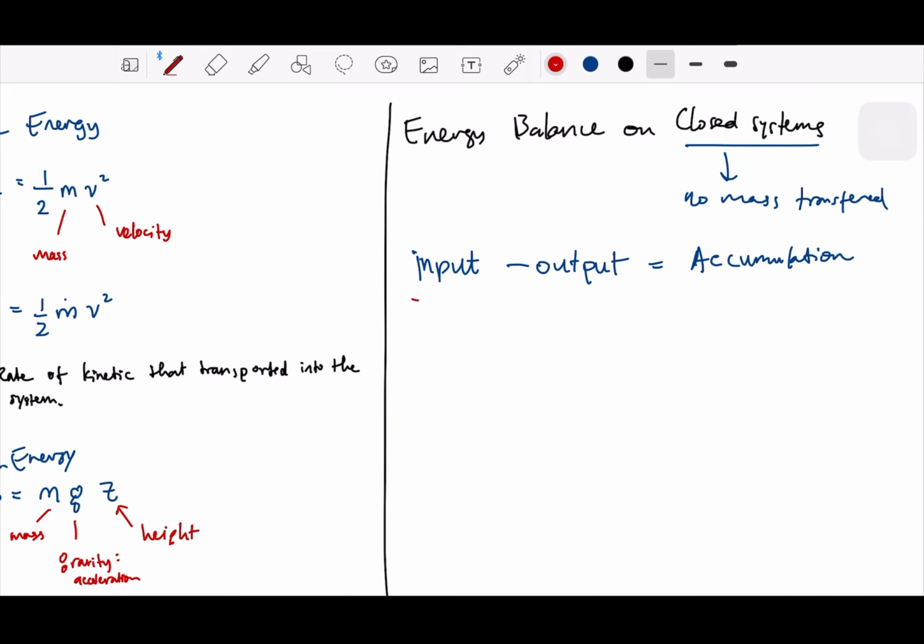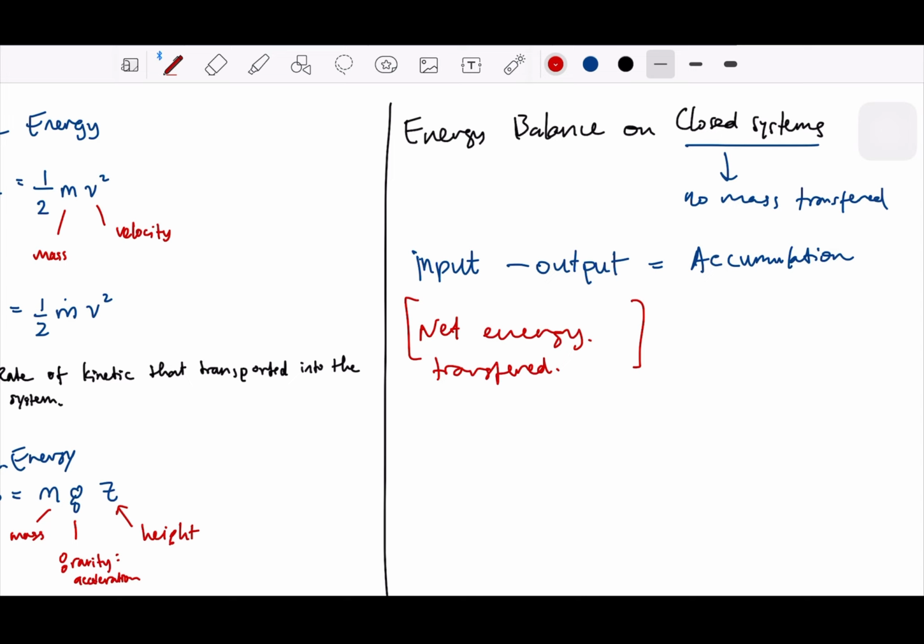This input and output will result in the net energy transferred. Okay. So we call this a closed system based on the mass, no mass transfer. But if we look at the energy, it still can be transferred.